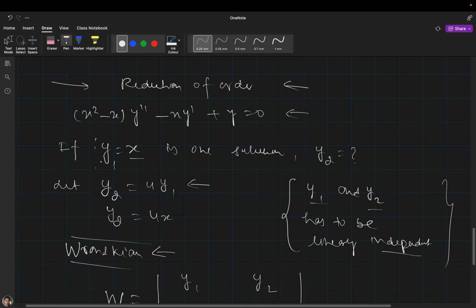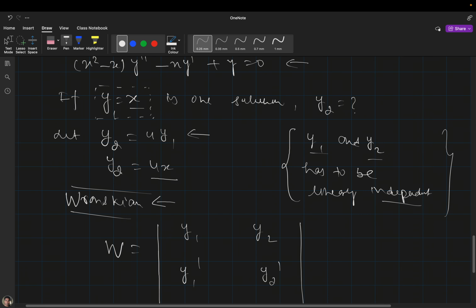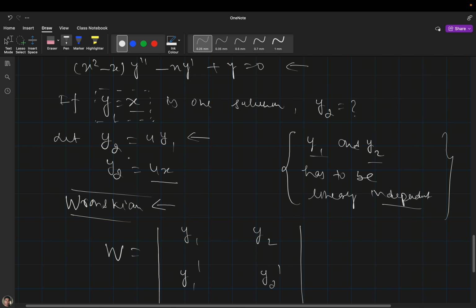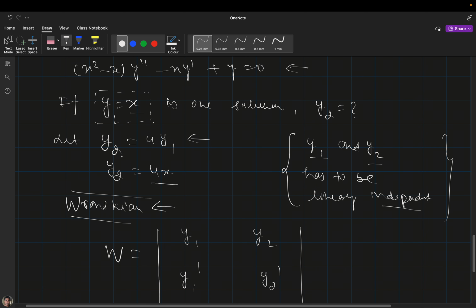And since we already know that this is one solution, we have to find the other solution such that both solutions are linearly independent. That's why I'm assuming that y2 is u times y1, so you can see that y1 and y2 are clearly linearly independent. You can check it.